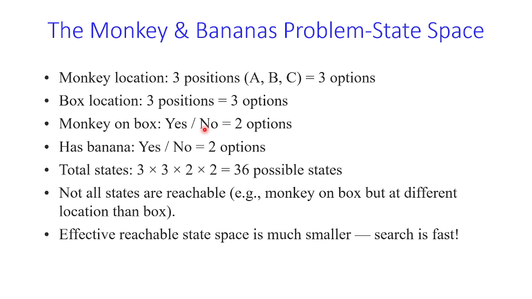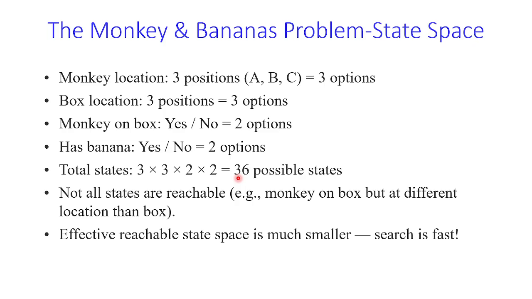Whether the monkey has the banana, again two options, yes or no. So when you calculate the total number of states, there are 36 possible states. The point here is that not all 36 states are actually reachable.